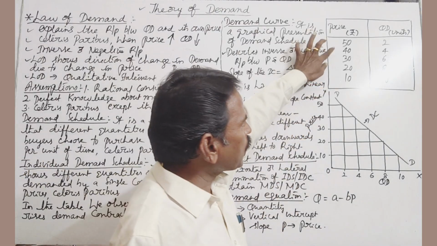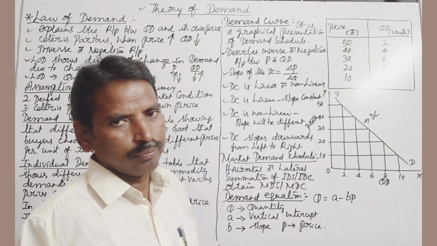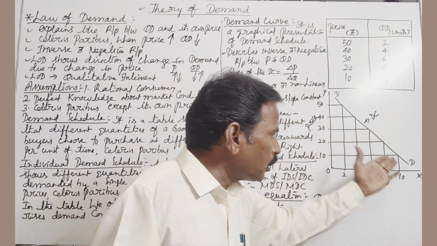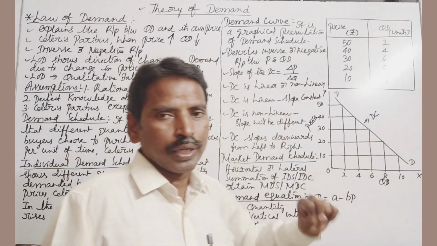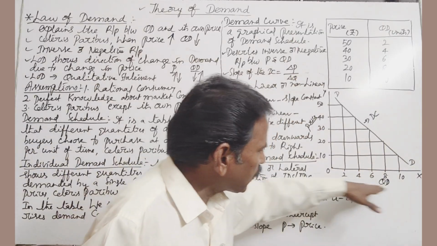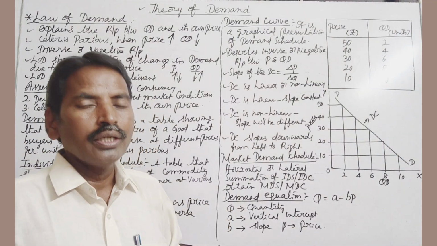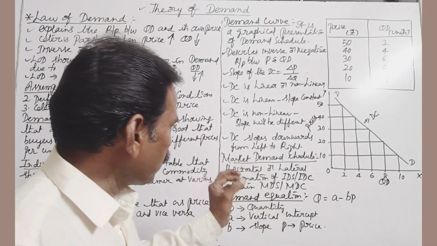In the table, price falls, quantity demand expands, and vice versa. The demand curve slopes downwards from left to right. Price falls, quantity demand expands. Price rises, quantity demand contracts. Therefore, we conclude that there is an inverse relationship between price and quantity demanded.